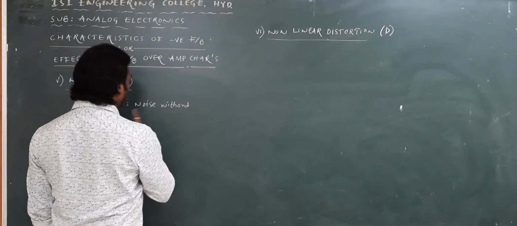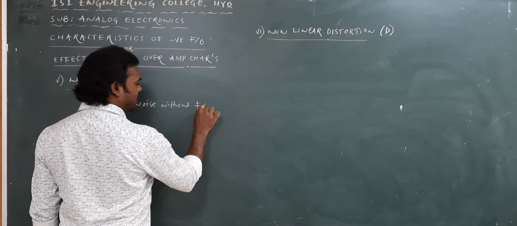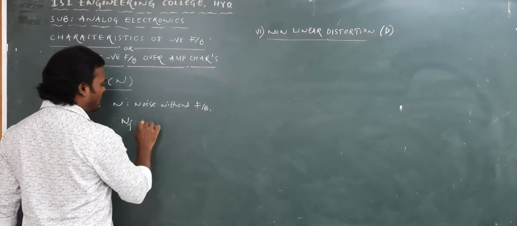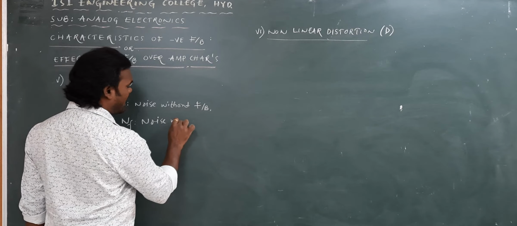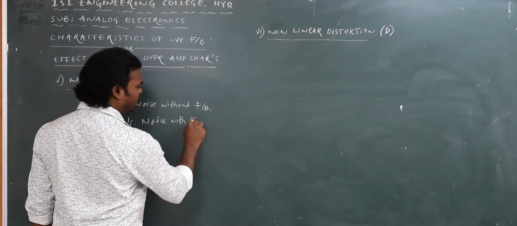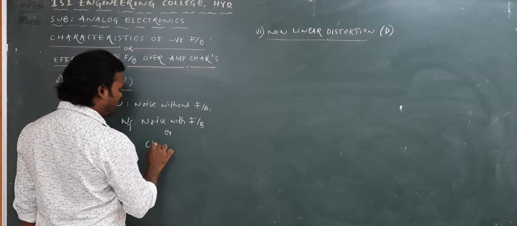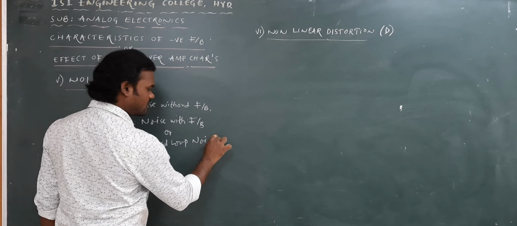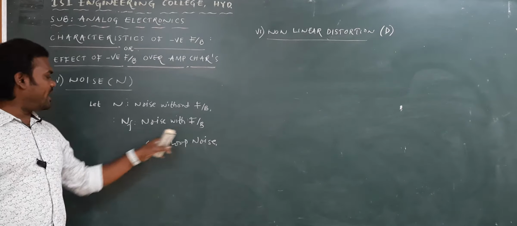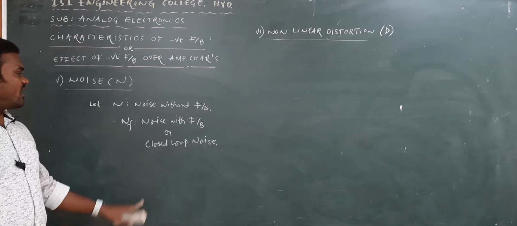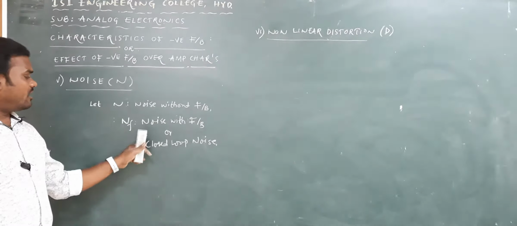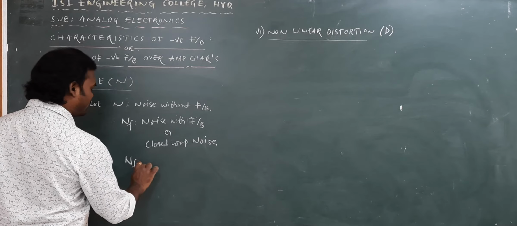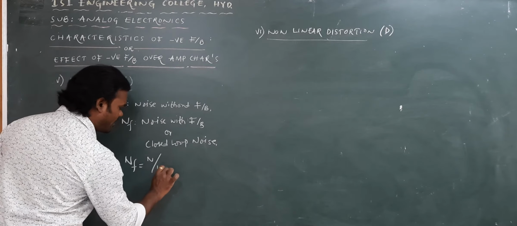Therefore NF is the noise with feedback, or closed loop noise. Clear? N is the noise without feedback, or open loop noise. Therefore NF is equal to N by 1 plus A beta.